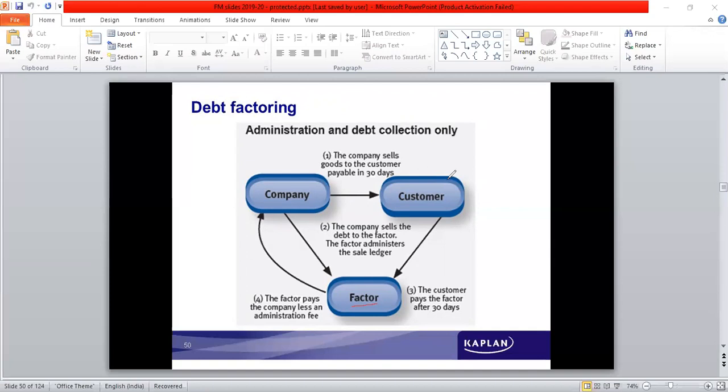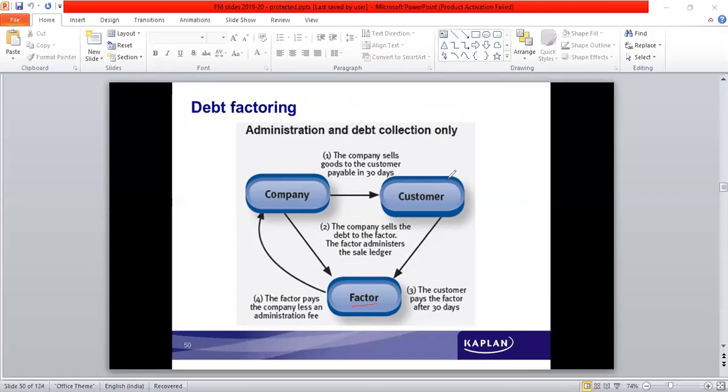So if only 80% was remitted the first time, the balance 20% will be paid to the company after deducting any charges or interest amount. Those things are deducted, and the rest of it will be remitted to the company by the factor. The factor is a third party between the company and the customer.